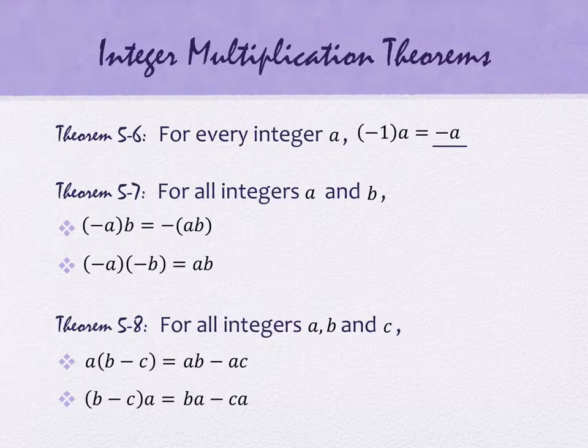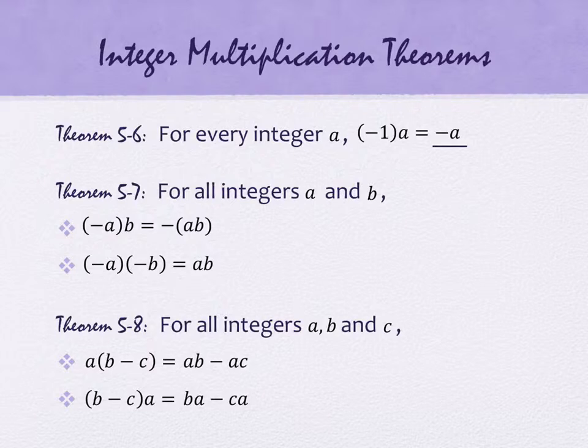And when you multiply two negatives, negative a and negative b, you get ab. And then I actually had theorem 5.8, which was a separate one. I kind of combined it earlier, so sorry about that. I forgot. With my distributive properties, this is specifically the distributive property for subtraction. That'll work.